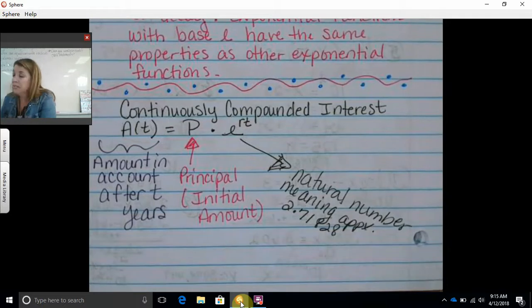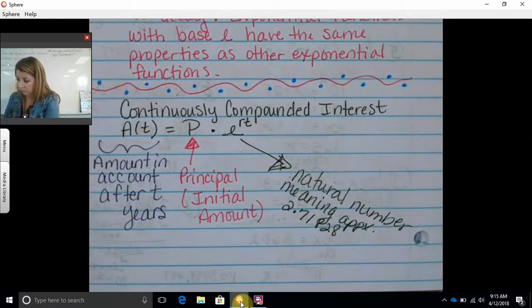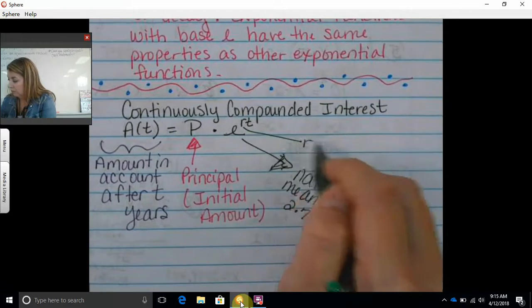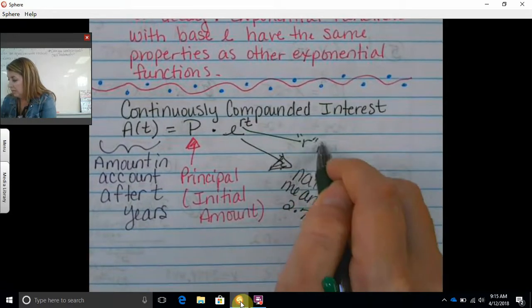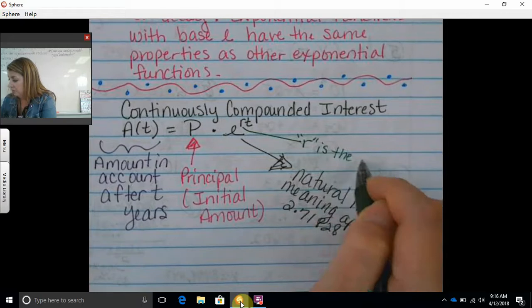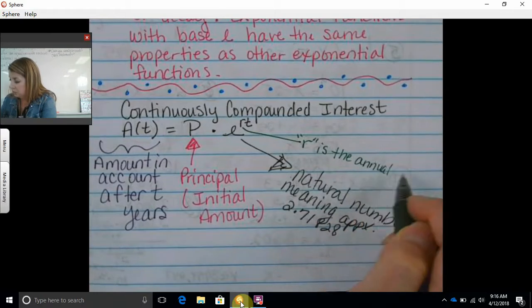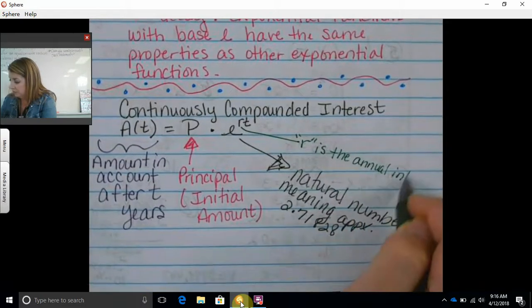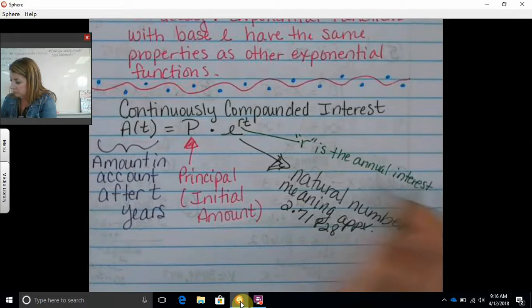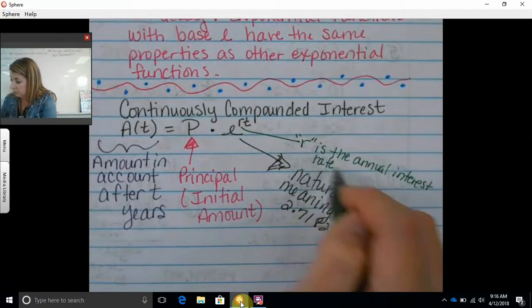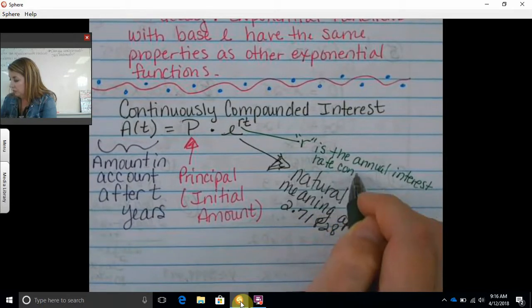But we don't have to type that into our calculators because our calculators have that e on them, okay? r is the annual interest rate converted to a decimal.